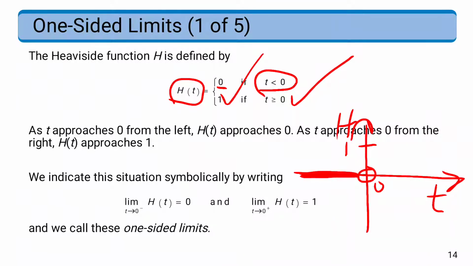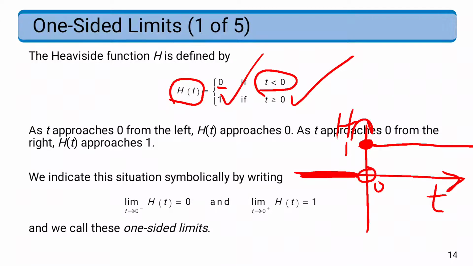So it's all over the t-axis. And remember also the function is 1 when t is greater or equal to 0. So that means at t equal to 0, we have our point which is included here, and then when t is greater than 0, our function remains at 1 all the way.